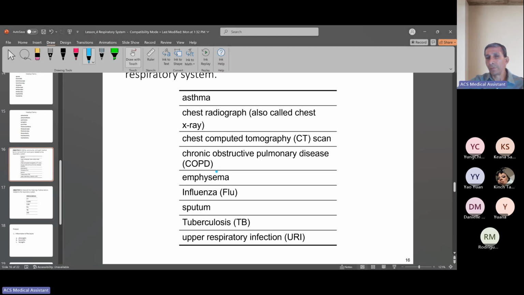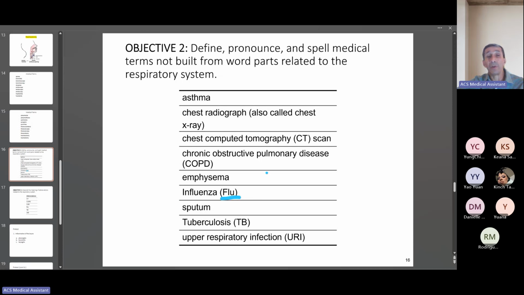Okay, another term that is frequently used, the flu. You hear about it all the time, and we actually get the flu, probably several times per year. This is a viral infection, very common. It is called influenza. But because the name is so long, we just say flu. We just use this little part, flu.